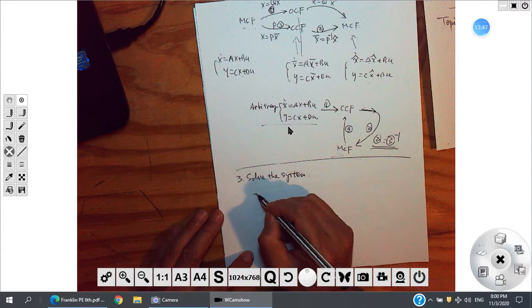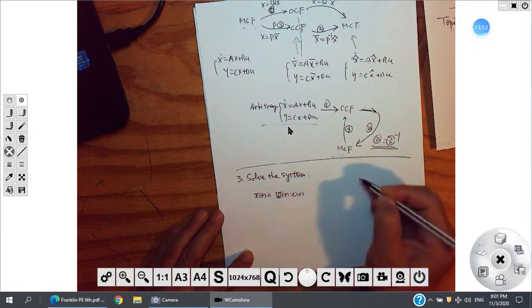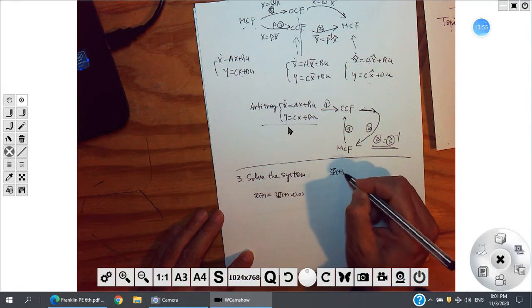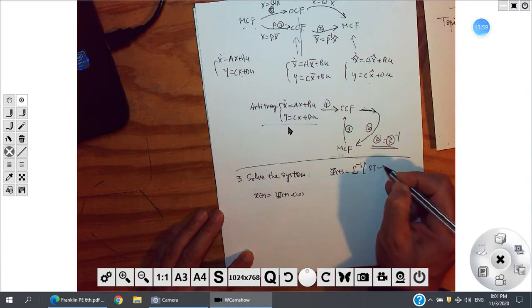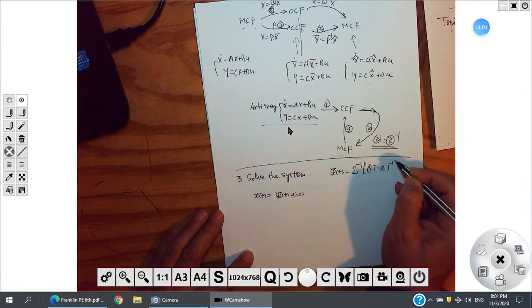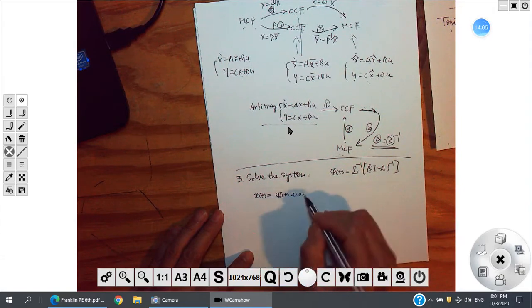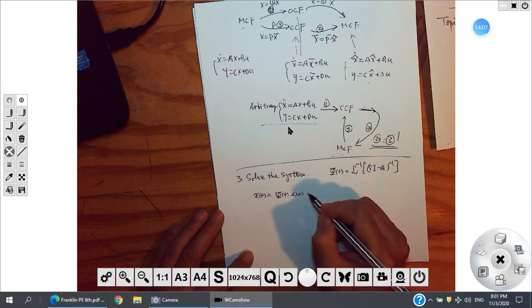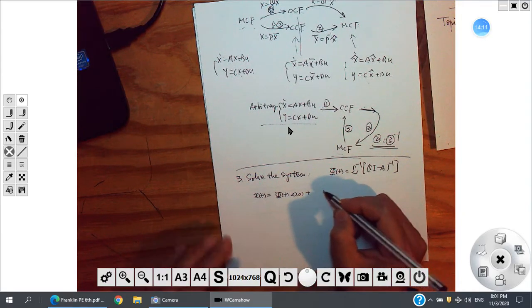x of t will equal to phi of t times x of 0. Here phi of t is the inverse Laplace transform of (sI minus A) inverse. Okay, this is phi of t. Then x of t will be phi of t times x0 plus an integral. Okay, I just write it as a convolution.